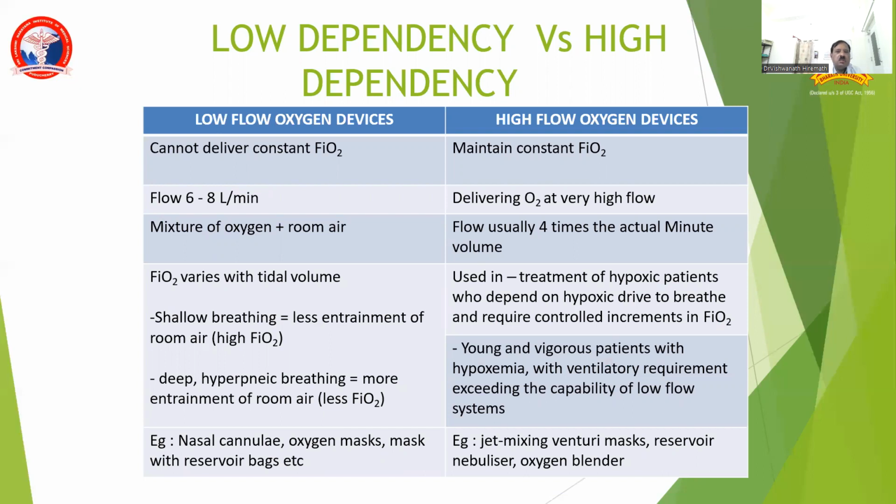So what do you understand between low flow and high flow devices? Low flow devices cannot deliver a constant FiO2, inspired oxygen concentration. The flow rate is low, 6 to 8 liters per minute. Whereas high flow oxygen devices will maintain a constant FiO2. They will require delivery of oxygen at a high flow.